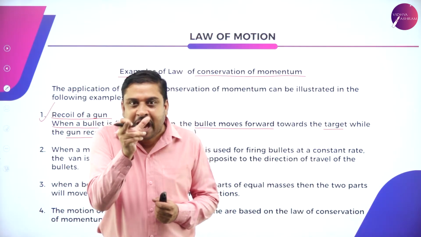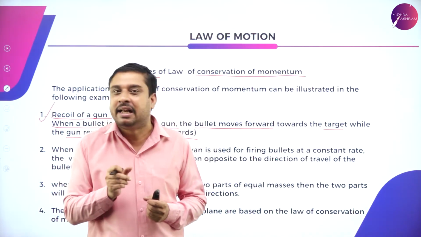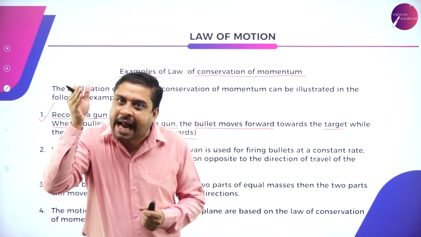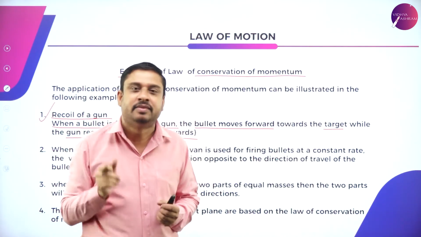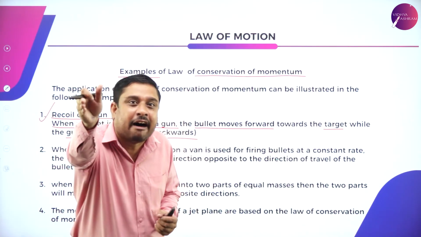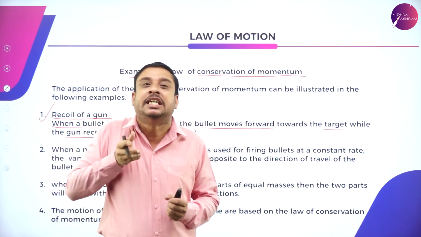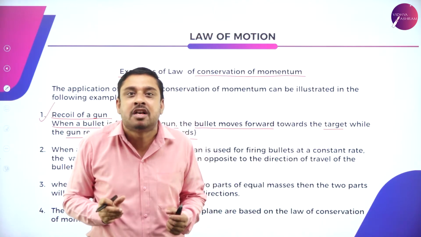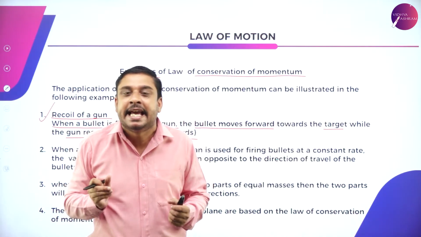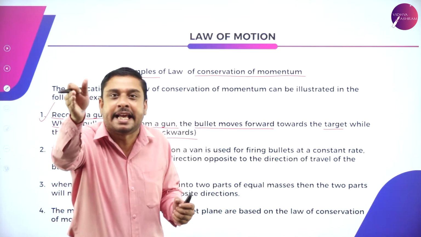As a bullet is fired from a gun, typically a double-barrel gun, you see, the bullet travels forward in a direction to strike the target, but the gun moves backwards. This is because to conserve the momentum, or to see that the bullet gets momentum in the forward direction.